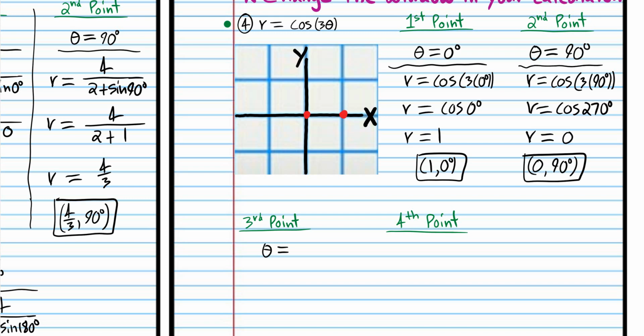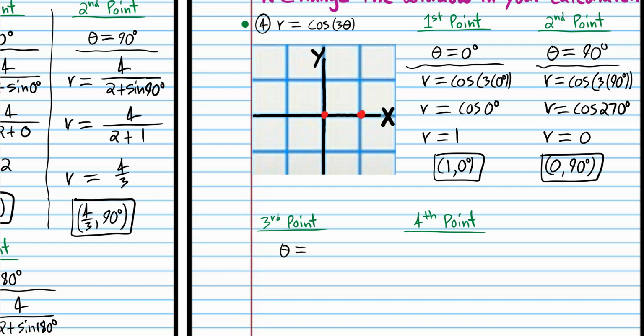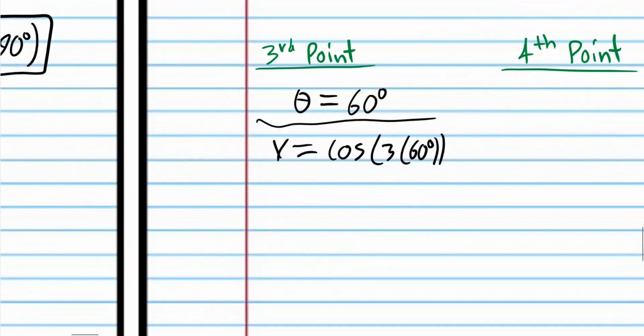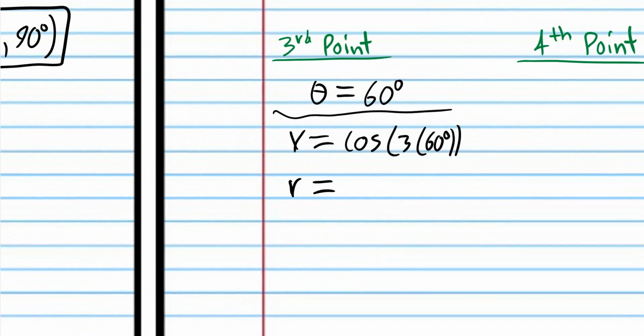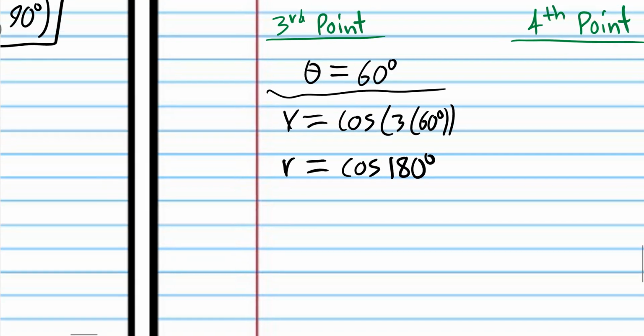How about 60 degrees? So let's try 60 degrees. R is equal to cosine 3 times 60 degrees. The reason I chose 60 is because I know if I multiply that by 3, we get 180 degrees, and that's a quadrantal angle. So if you look at your cosine curve, cosine 180 is actually -1.